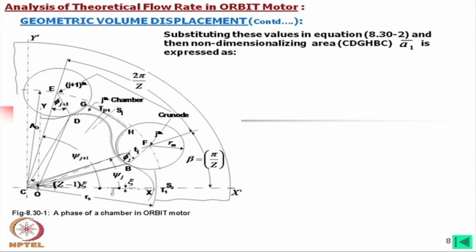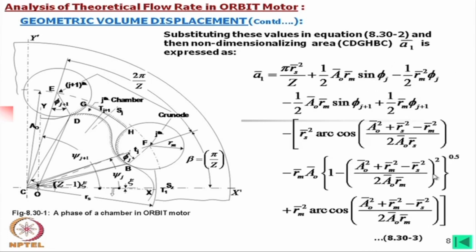Now, we will substitute this value in equation 8.32 and non-dimensionalize. Here is the question of non-dimensionalization, which I have shown in the earlier case. Any area or distance, we have put a bar. The bar means it is the non-dimensional value.